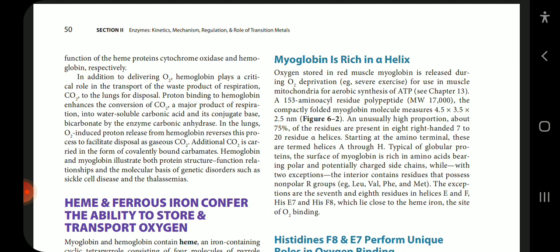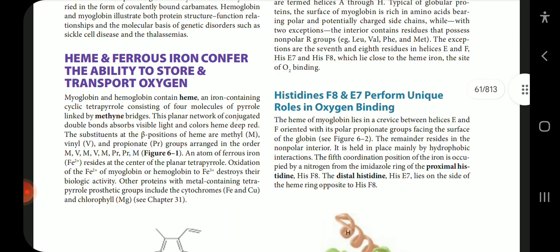Starting at the amino terminal, these are termed helices A through H. Typical of globular proteins, the surface of myoglobin is rich in amino acids bearing polar and potentially charged side chains, while the interior contains residues that possess non-polar R groups, for example leucine, valine, phenylalanine, and methionine. The exceptions are the 7th and 8th residues in helices E and F, his E7 and his F8, which lie close to the heme iron, the site of O2 binding.